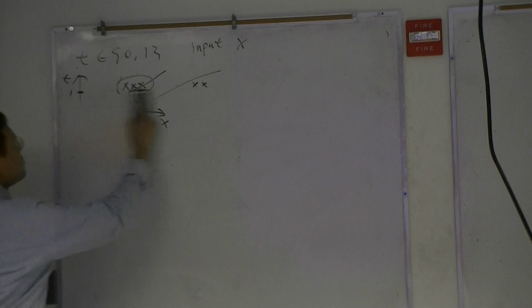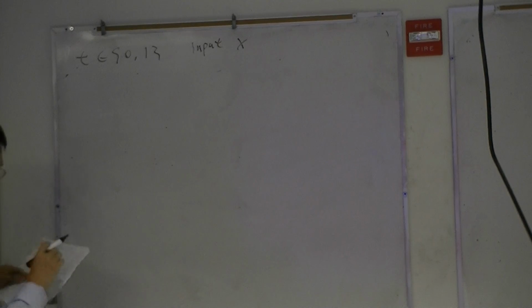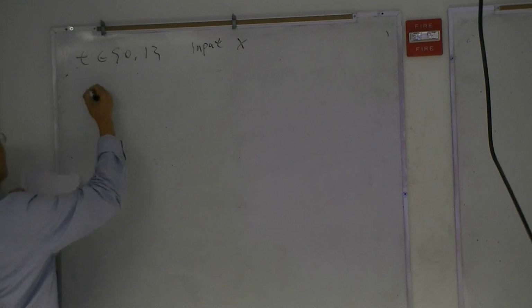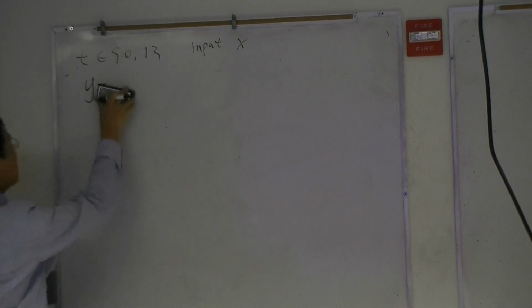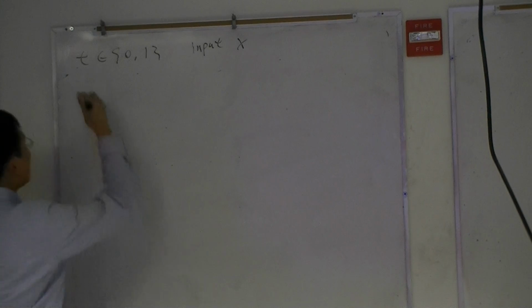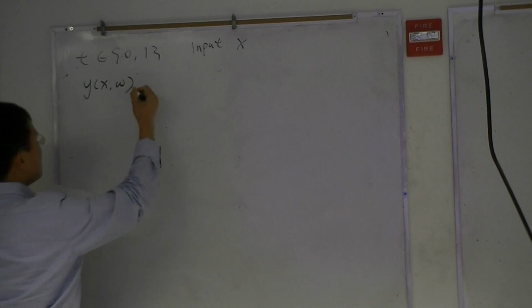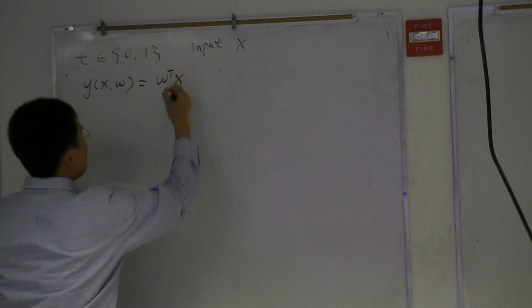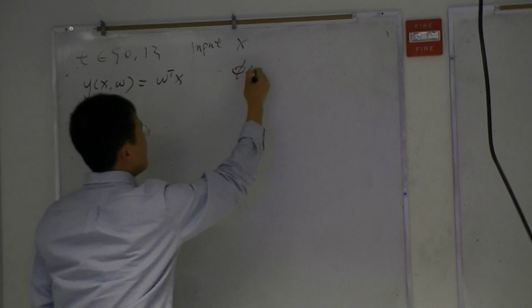Let's see here. Suppose we have a function y of x equal to w transpose x, where x can be phi of x.